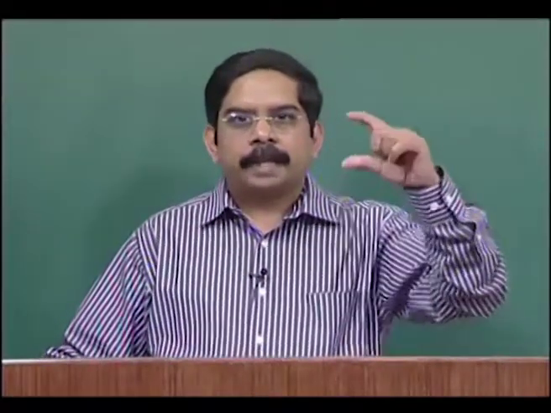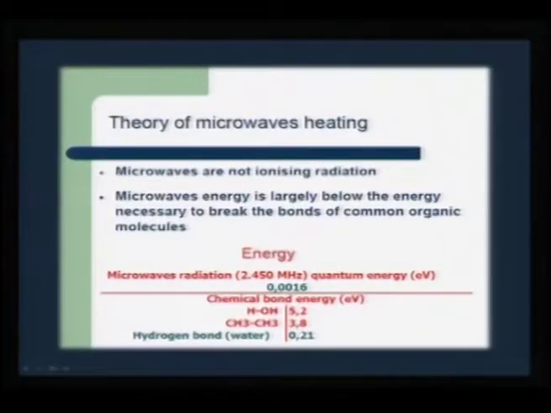So, when the potential energy of a molecule is lifted up, then the kinetic energy barrier or the energy barrier that is restricting between the product and the reactant will be lowered considerably. So, we are trying to use the potential energy of these molecules to overcome the energy barrier in order to give resultant products. As you would see, microwave energy is largely below the energy necessary to break bonds.